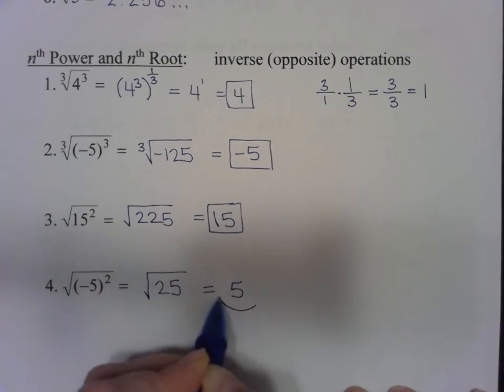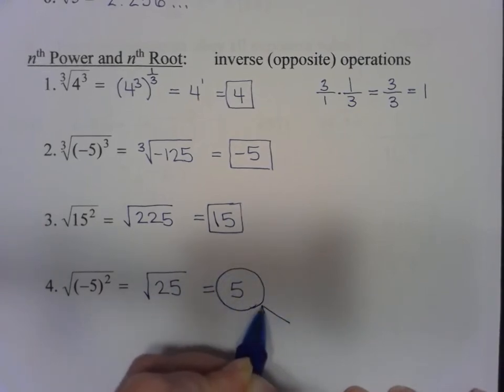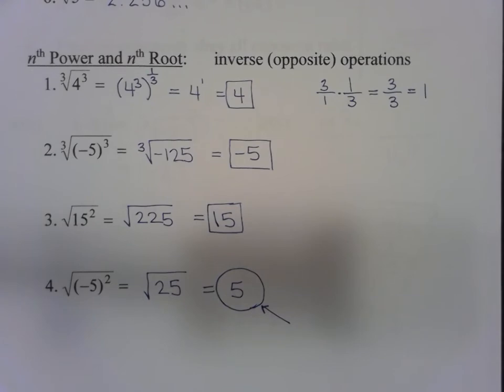So this is the one that's a little bit different. So we do have to watch out for that. Right? I can't take a square root and get a negative result. And so they are opposites. They do cancel each other out, but I lose my sign.